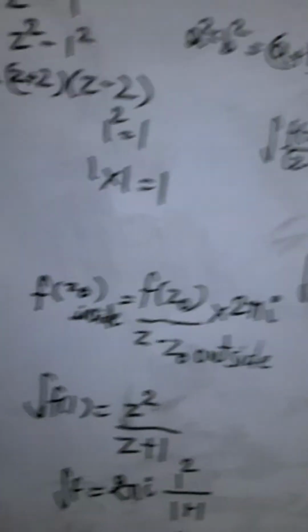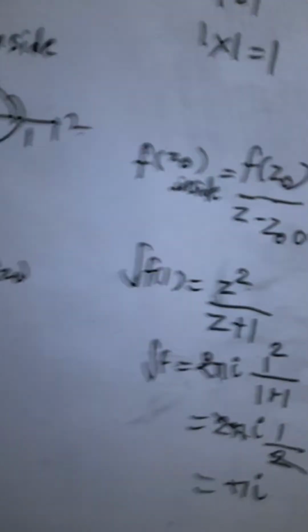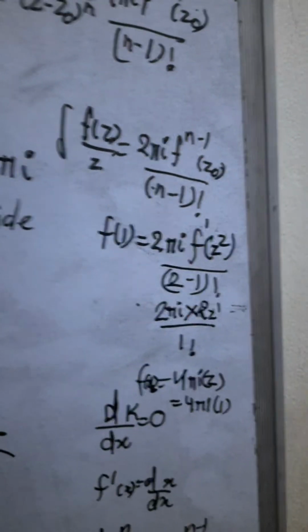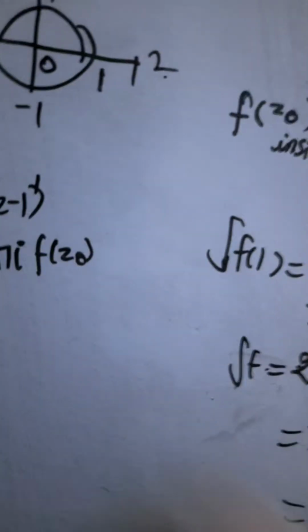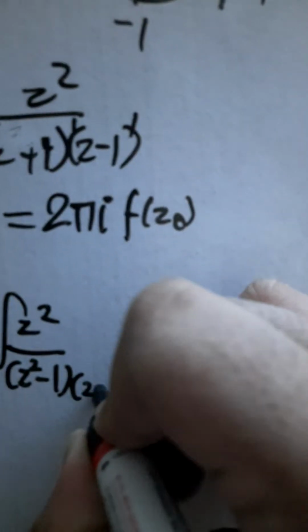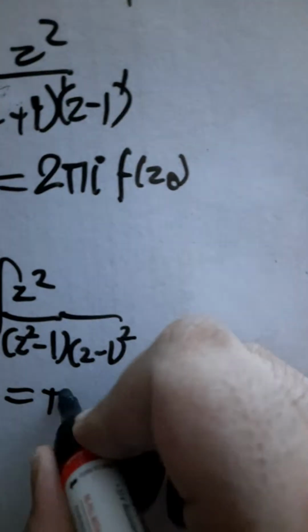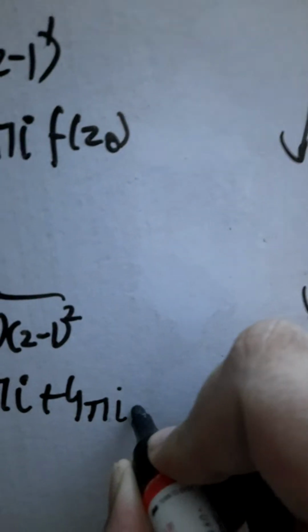Okay, so now we found this one, which is pi I, the first one. This is the second one. So we found it for both points inside, and one point was outside. So the integration of z square by z square minus 1 into z minus 1 whole square is equal to pi I plus 4 pi I plus 0.